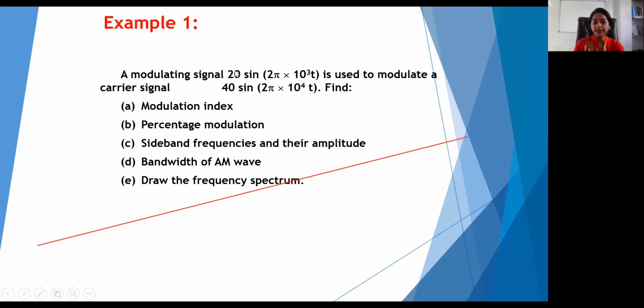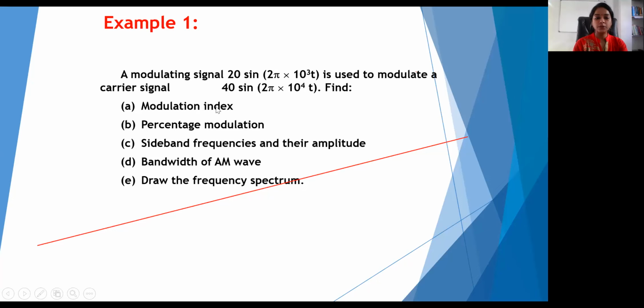These are the amplitudes. And this is the modulating signal, and this is the carrier. So what is the carrier formula? 40 sin(2 pi into 10 raised to power 4 t).